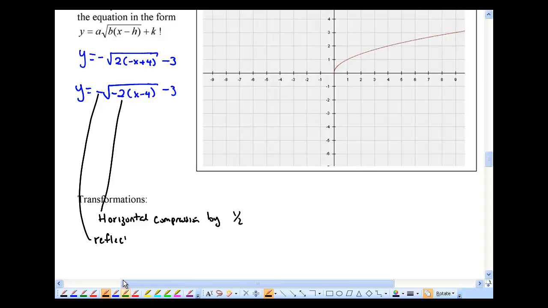Reflection in the y-axis and x-axis. Yikes. And then I see a lot of shifting. Is it 4 right? And then I think 3 down. Okay. Go for it.